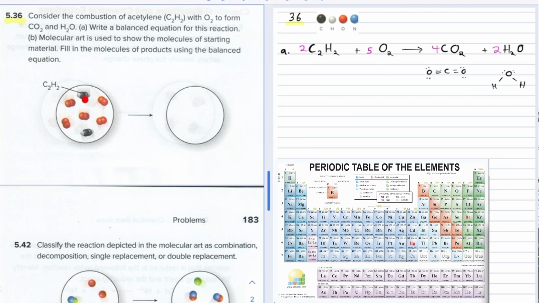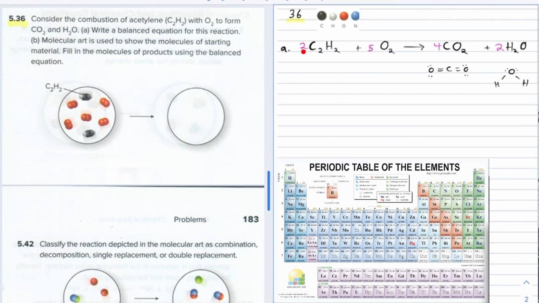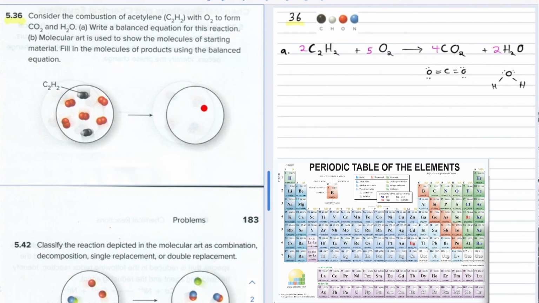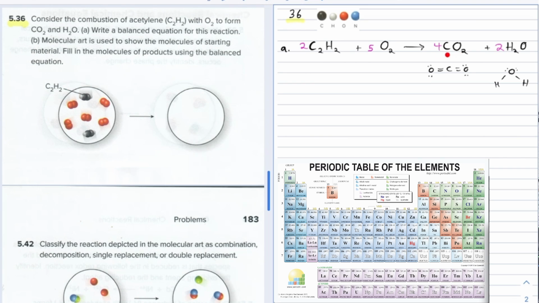Now, it looks like on the left, we have 2 acetylenes and 5 oxygens. That's kind of nice because we have a coefficient of 2 here for the acetylenes and 5 for the oxygens. So we're going to draw 4 CO2 molecules and 2 water molecules. A CO2 molecule looks like this. You got a carbon and then surrounded by 2 oxygens in a linear fashion.